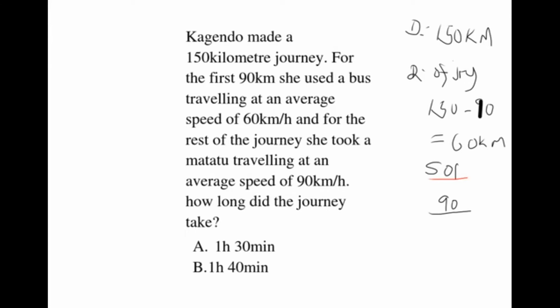The speed was 60 kilometers per hour. Divided by 60, 0 will cancel 0. 9 divided by 3 is 3. 6 divided by 3 is 2. So we have 3 over 2 hours.